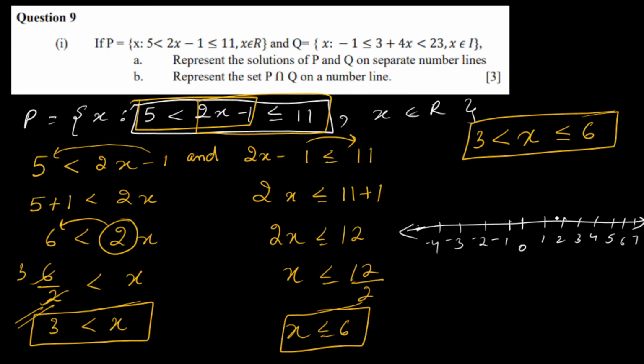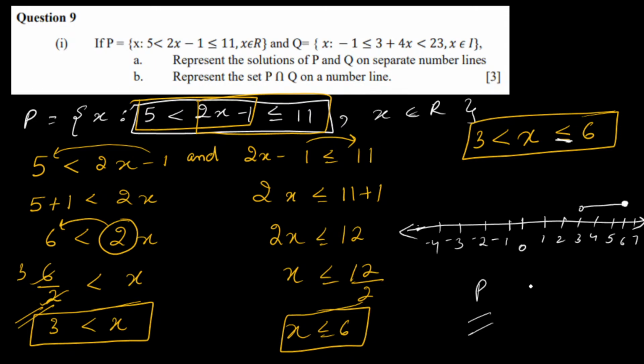You have to draw a small circle on 3 because it is only greater than, and until 6 you have to go, with a dark dot on 6 because of this equality. So this is the number line for set P.